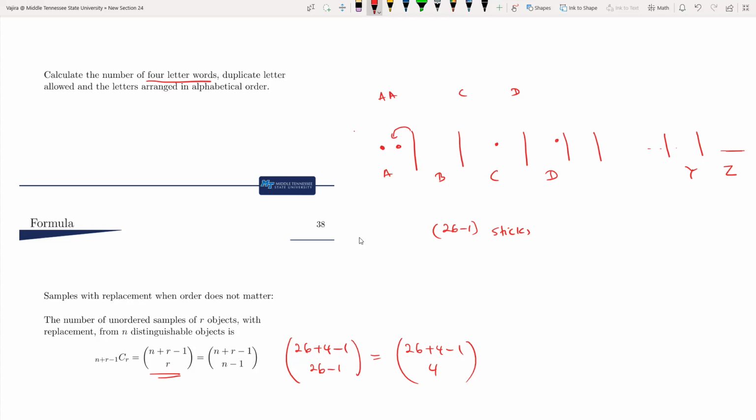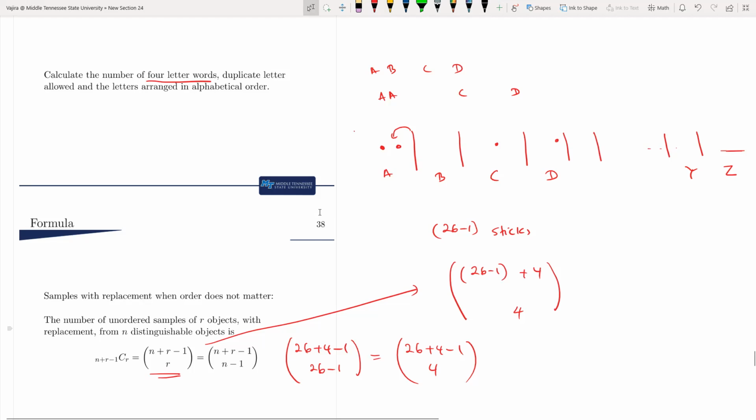If you do that, then you would get a different word. It would be A, B, C, D. So if we think about it this way, we have 26 minus 1 sticks plus 4 letters, that many objects. And out of that, we are going to pick 4. That's how this formula was developed.